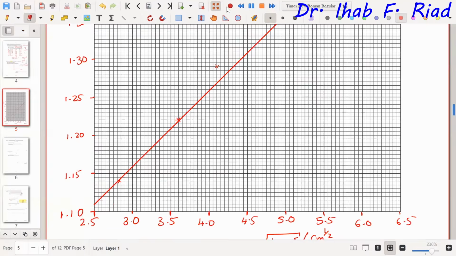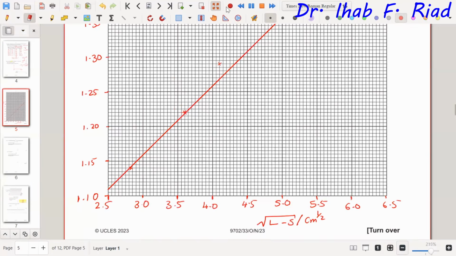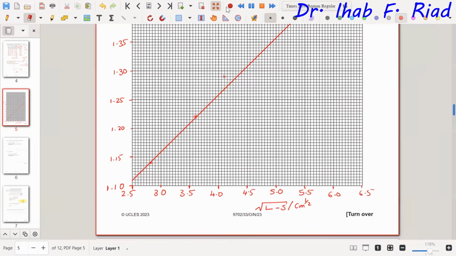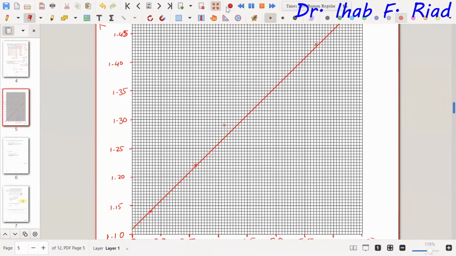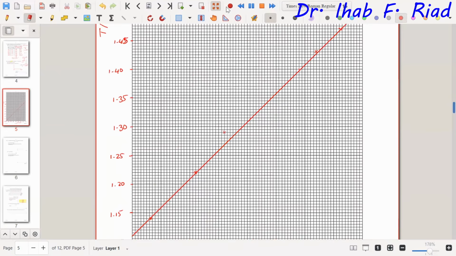Right angle. Right angle triangle, right? Yes. Okay. So the best thing is that your triangle should cover more than half of the line. Okay? It should cover more than half of the line.